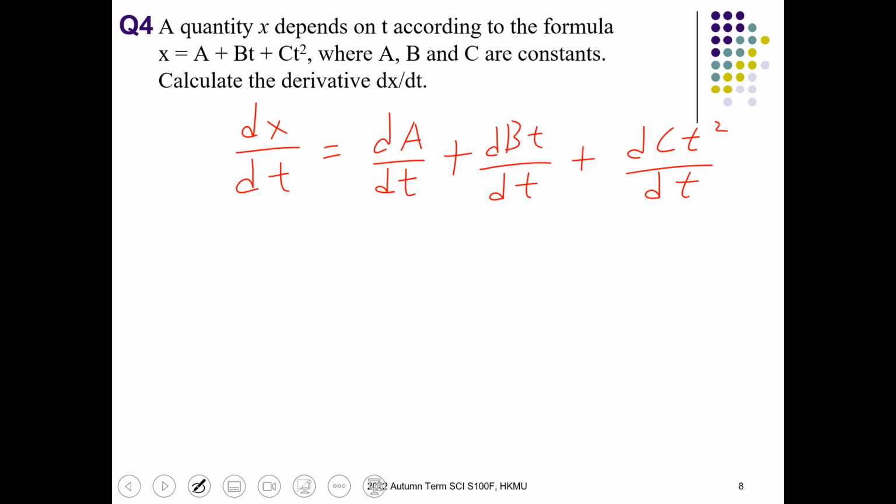So that we have the summation of 3 derivatives on A, on Bt, and on Ct squared. For the first part, A is constant, so that this is simply 0.